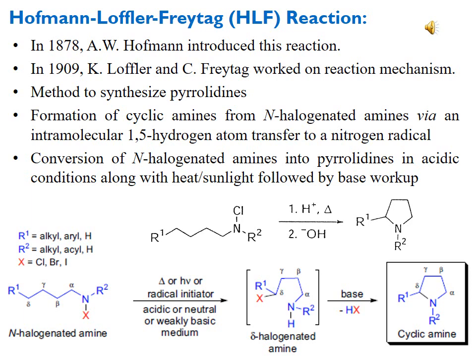That is, this is an intermediate which is formed after 2 or 3 steps, and by the use of base we get the cyclic amine, which is also known as pyrrolidine. The conditions can be acidic, neutral or weakly basic medium, and these conditions vary with the nature of the substrate.